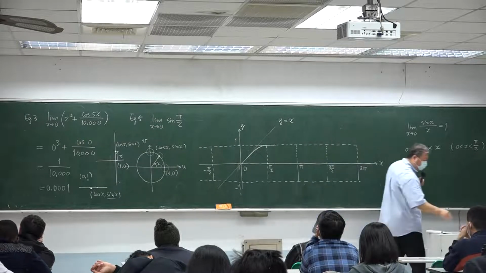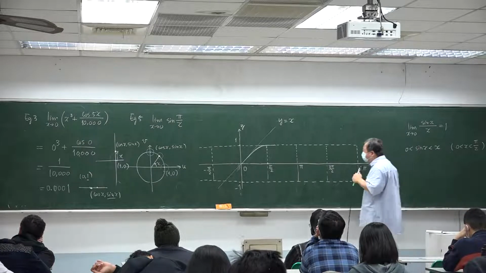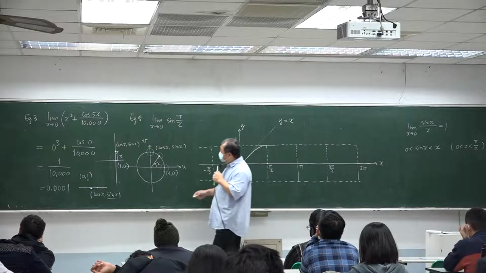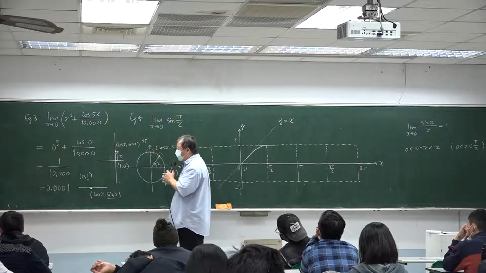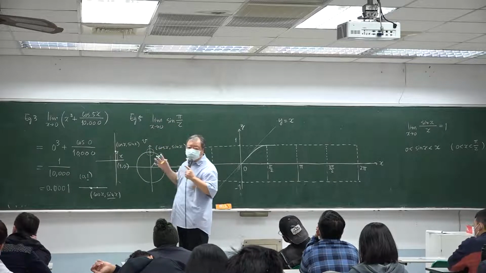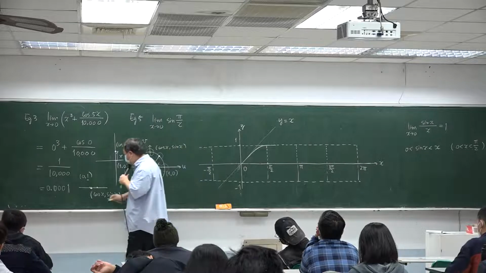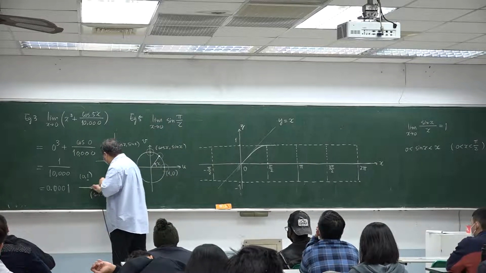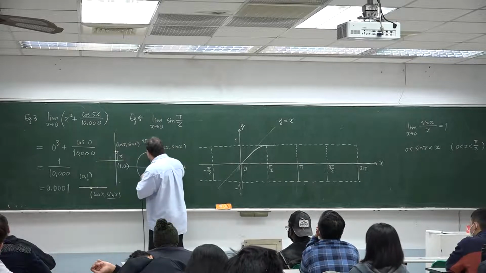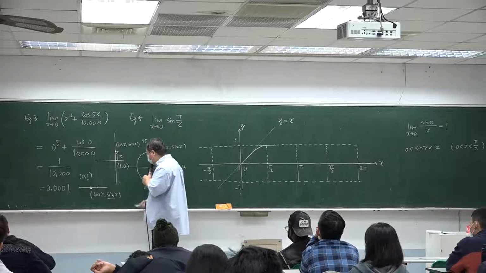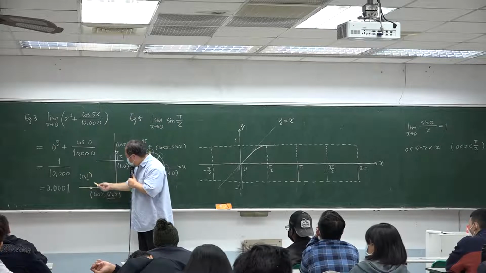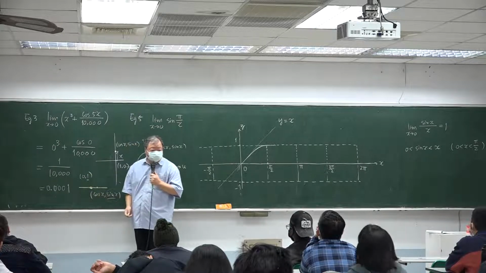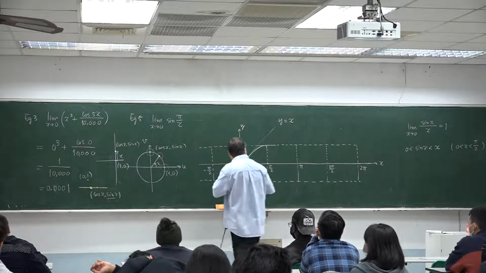I mean this portion, when zoomed in, becomes a straight line, and the sine is exactly the height of this point, so sine is almost 1.